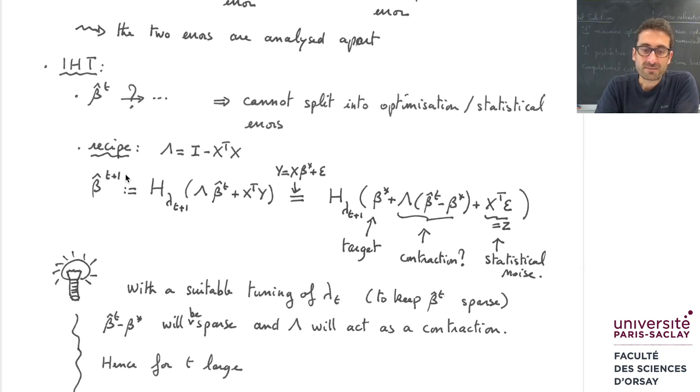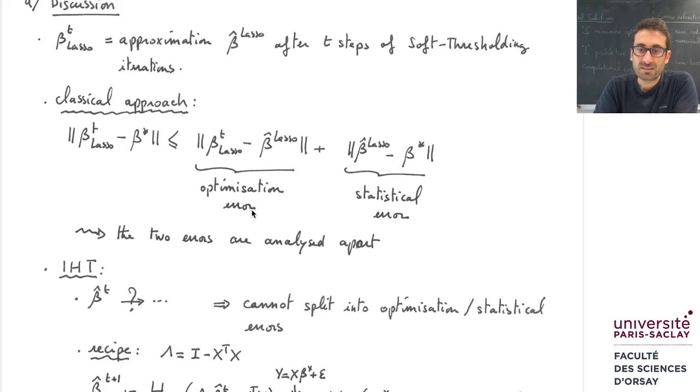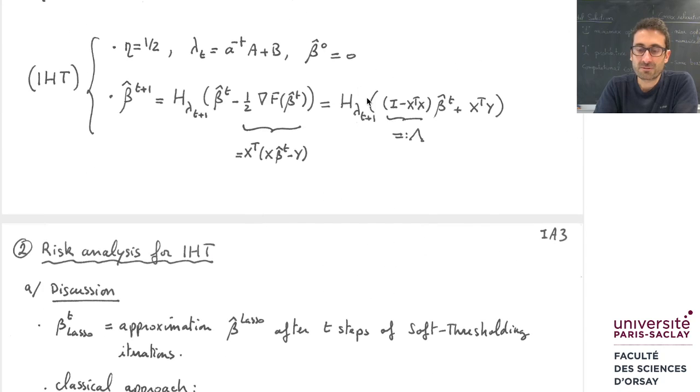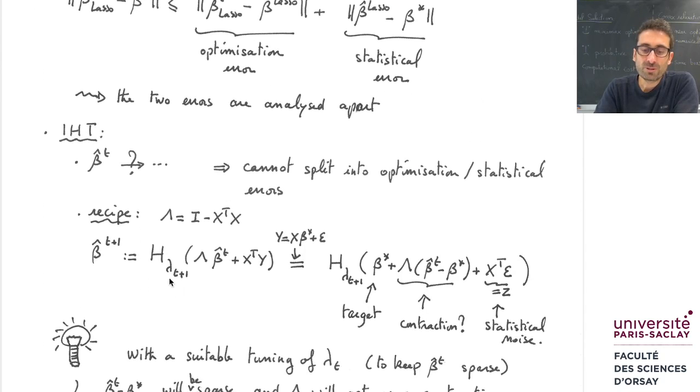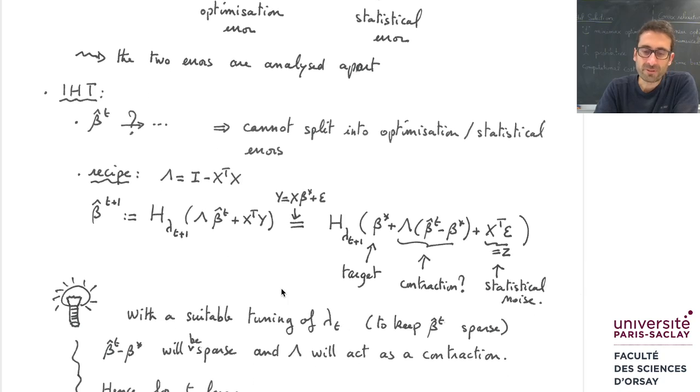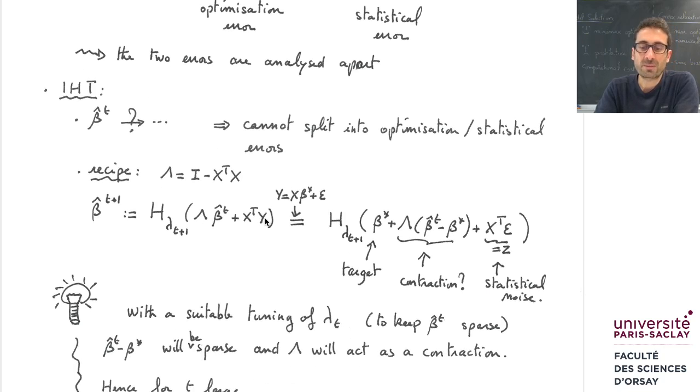The idea is that if we look at the estimator after t plus one steps, we look at the hard-thresholding at level lambda t plus 1 of capital Lambda beta at t plus X transpose Y. So this is exactly this situation. What we will do is rearrange this term by using the fact that capital Y is equal to X beta star plus epsilon.